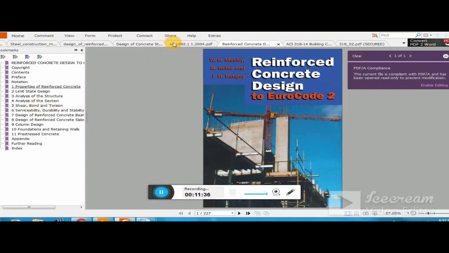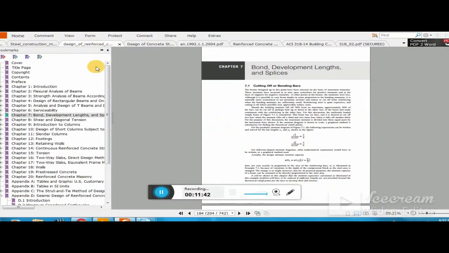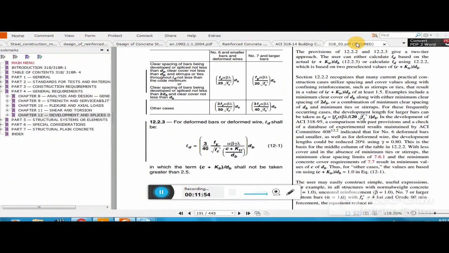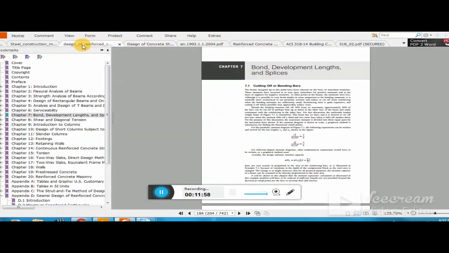In Eurocode there is also a provision for development length, and in the Cracker book I think it is around chapter 7 or 6. Where is my Nielsen book? I don't see it right now, although I opened that book as well.